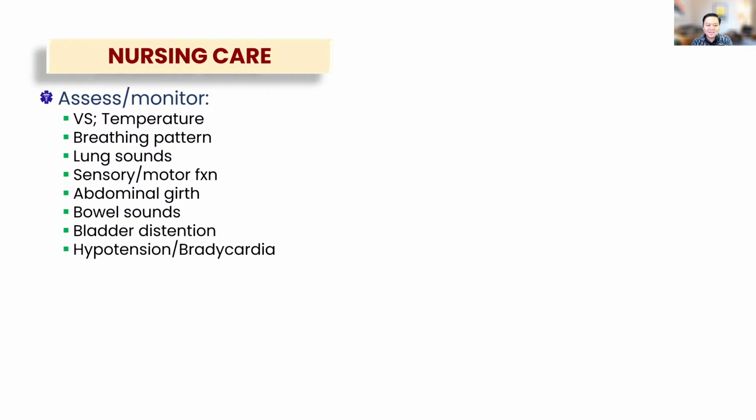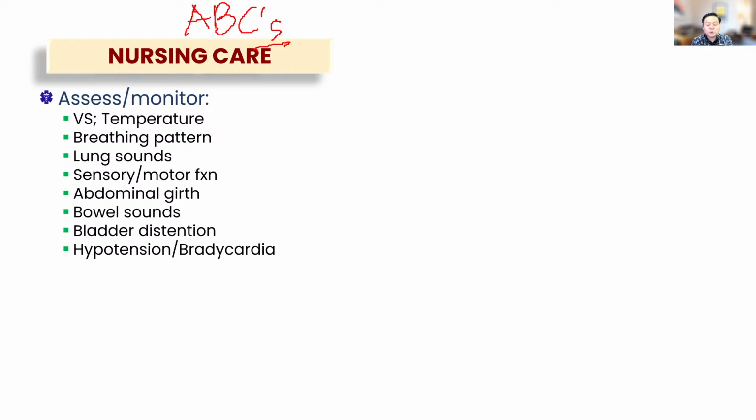What are the other nursing care progressing forwards? Our priority will always be the ABCs. Don't forget about that. Okay? Don't forget about the ABCs, even though the patient has been dealt with already after the critical period.